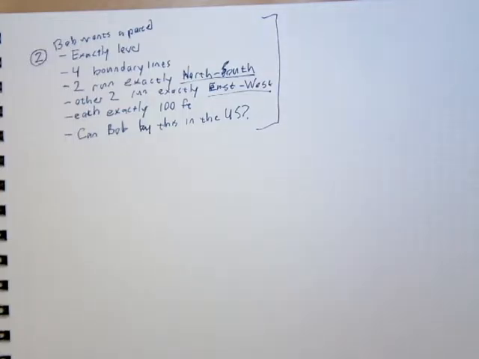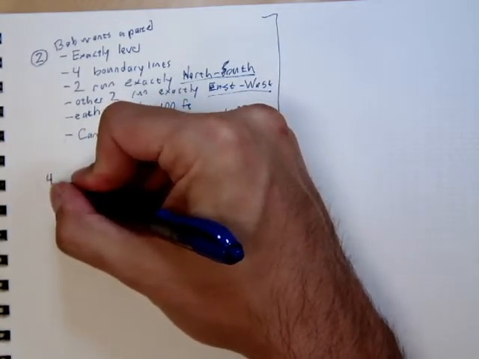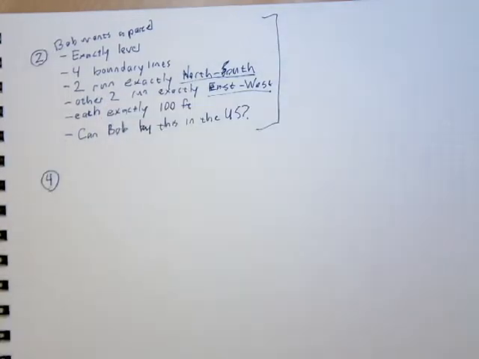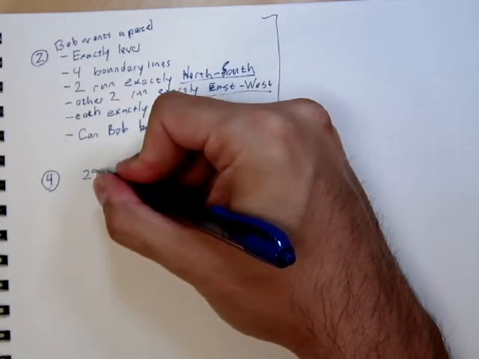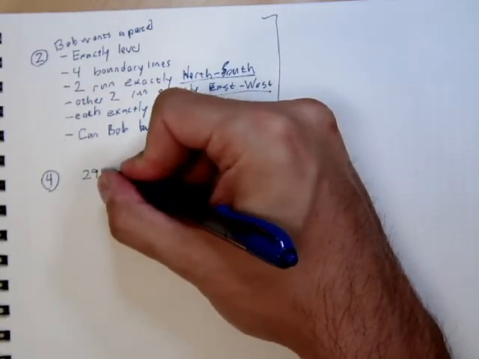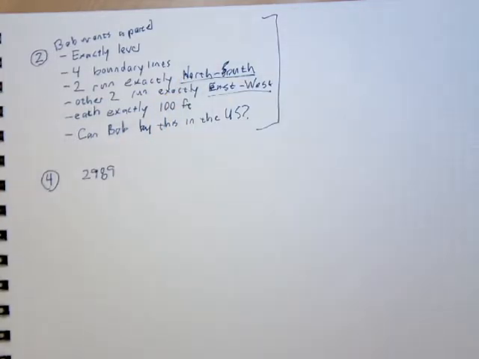I already did the next one, which is 10 pockets and 44 silver dollars. So problem 4 out of his book is, using a printer that uses 2,989 digits, how many pages?